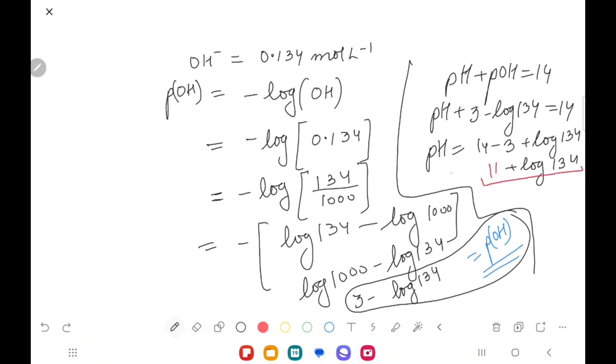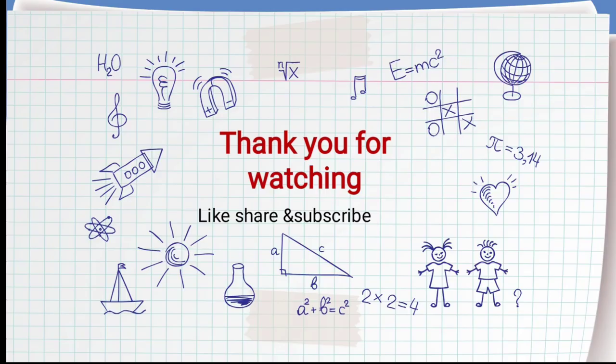And whatever is the answer, just add it up to this value, and this is going to be the pH, and definitely the pH has to come out to be greater than 14. Are you understanding my point? Yes. Right? So that is the question. Any doubt in this? Okay. Simple. Understood or not? Yes.